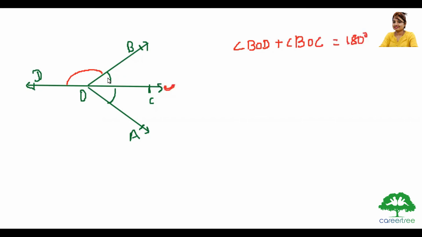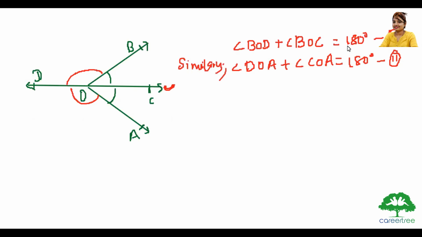Since this is a straight line, this angle plus this angle equals 180 degree. This is the first equation. In the same way, on the lower side of DOC, there are two angles, angle DOA and angle COA. Their summation will also be equal to 180 degree. So angle DOA plus angle COA equals 180 degree.